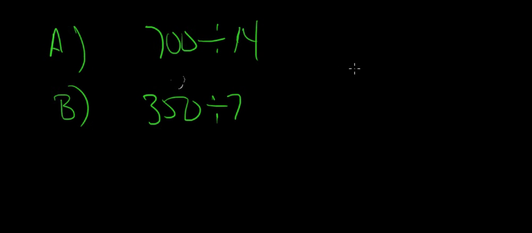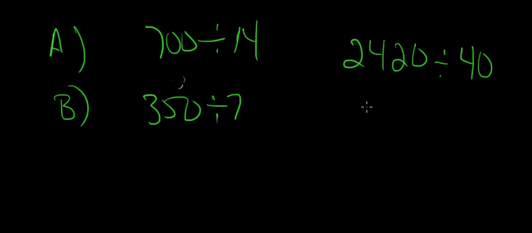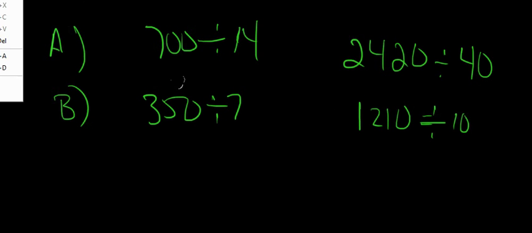That's like saying that 2,420 divided by, I don't know, 40 would be easier than half of that, which would be 1210 divided by 10. I mean, come on. Anytime you're making a number smaller, it's easier to do in your head. That's why it's called mental math.